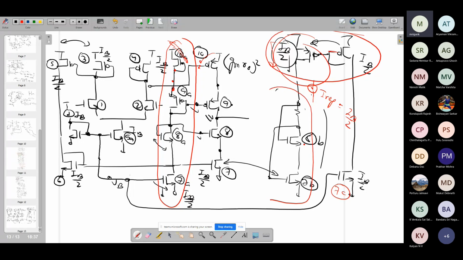That's all. Here the IB by 2 is at the bottom because here we can see that IB by 2 is coming from the top and we are basically mirroring it in the NMOS. But now here I need to supply this IB by 2 to these NMOS mirrors. And for that, I have routed it with the help of this PMOS mirror, and it is coming IB by 2 here. And then with the help of that IB by 2, I am biasing these two transistors, 8B and 7B.